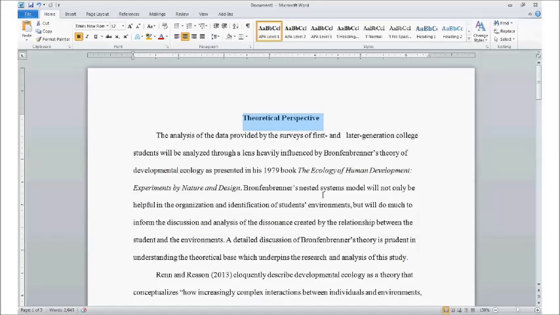So what we use these headings for are really to help guide readers through the paper, and readers may include professors or editors. And one of the things that I always tell my students is that if I were to get rid of all of the text in your paper and only be able to see the headings and the subheadings, I should know what the story is about.